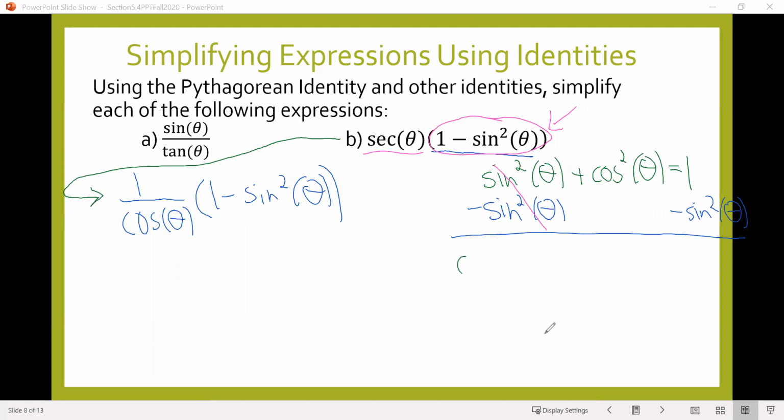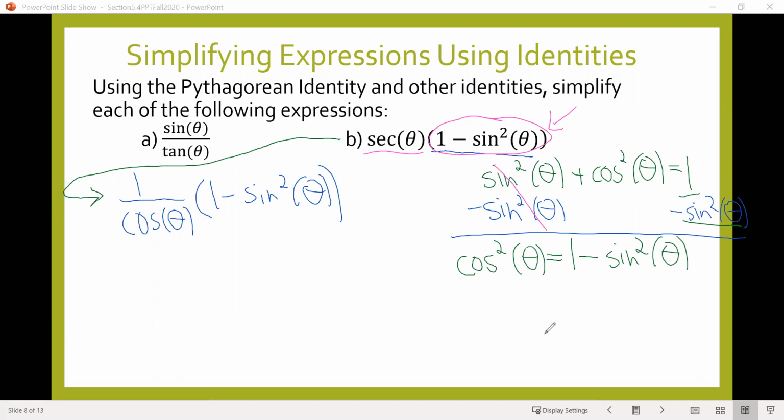So we're left with just cosine squared of theta on the left, equal to 1 minus sine squared theta on the right. We cannot subtract those two since they're not like terms, right? The 1 does not have a sine with it. So we just write that as 1 minus sine squared of theta.